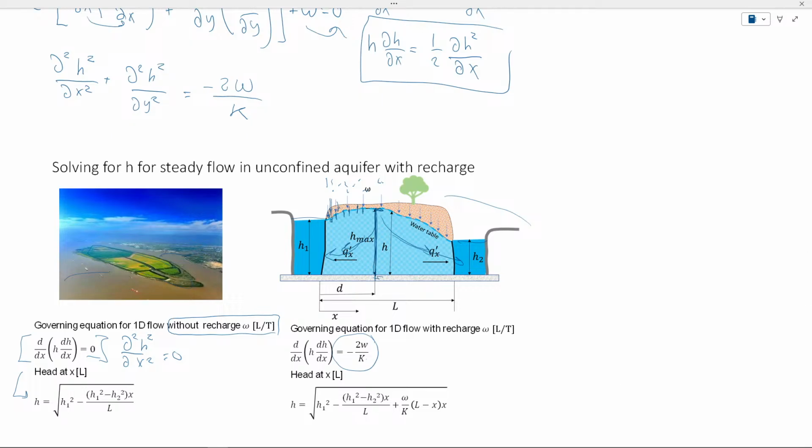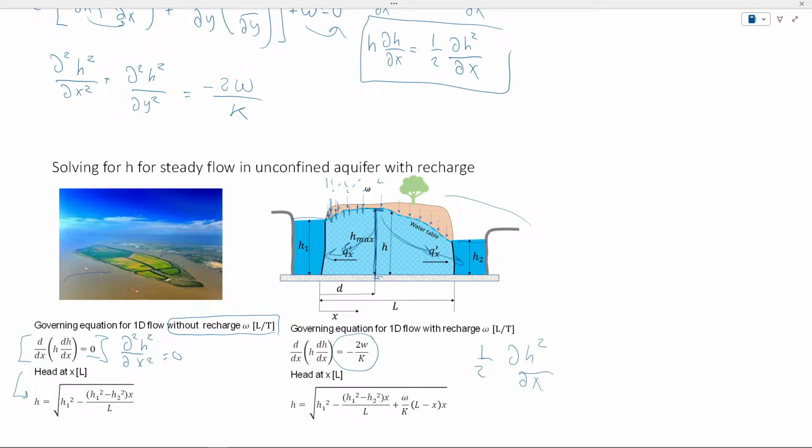If I want to replace this guy here with this, there's an error here. If I replace this guy here with this guy, then I will have 1 over 2 partial h over partial x.